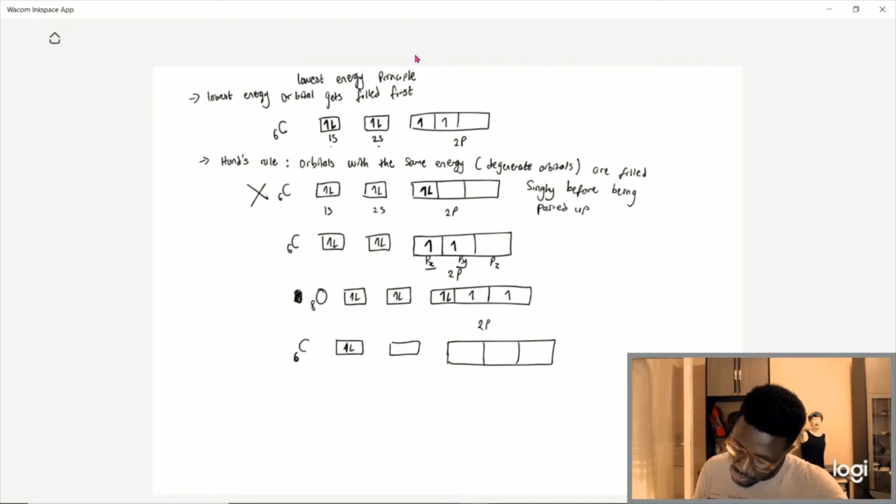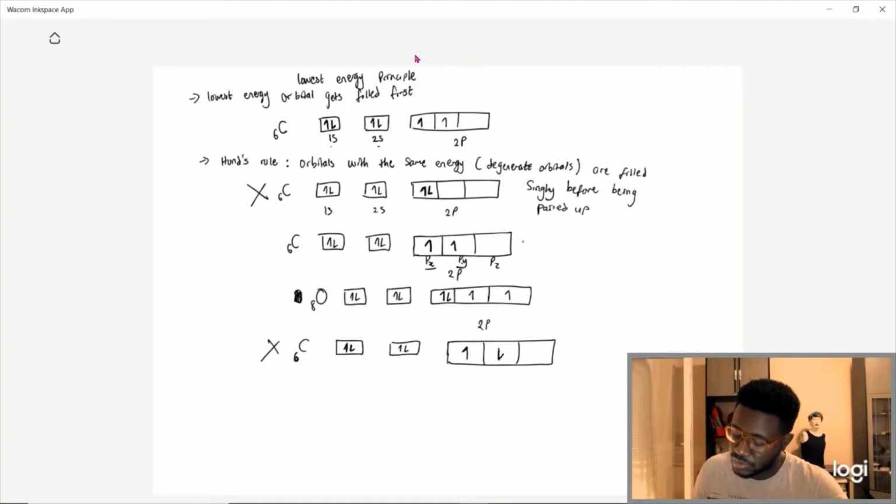So 1, 2, 3, 4. If you put this up and then this down, when you fill them singly here, they need to have the same spin. So this is a violation of Hund's rule.